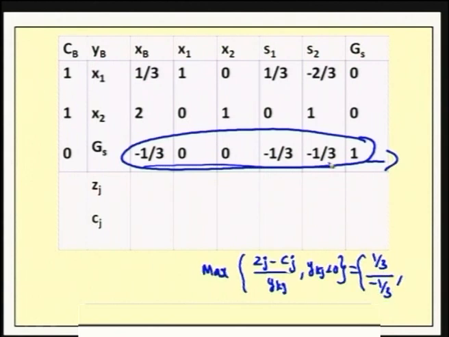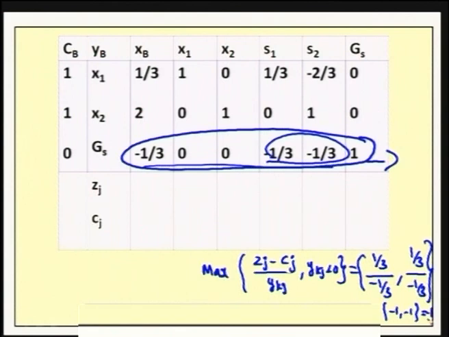Next, zj minus cj for S2 is also 1 by 3, and the corresponding ykj is minus 1 by 3. So, for S1 and S2, if we compute this ratio, we get minus 1 and minus 1. So, the maximum is minus 1.